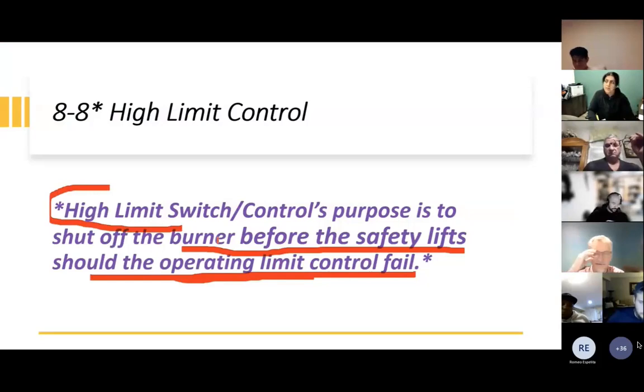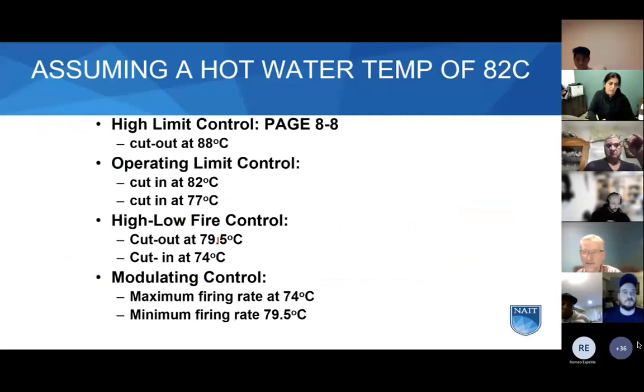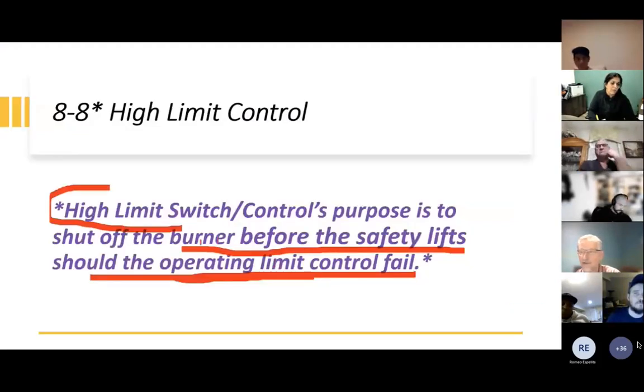So it's an additional device that will trip and shut off the burner and will likely need to be reset before we can start up. If the operating limit control shuts off the burner, it's going to start up again when the pressure comes down to that setting, right? So these are two separate.